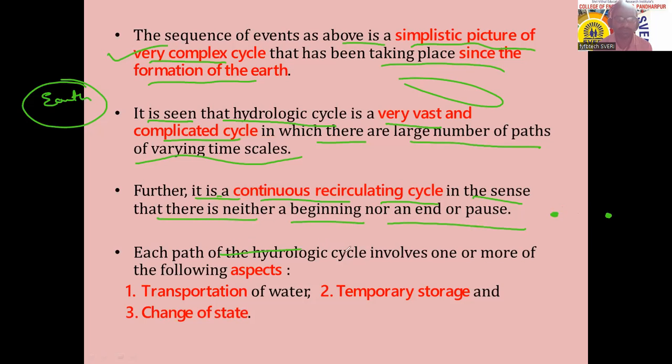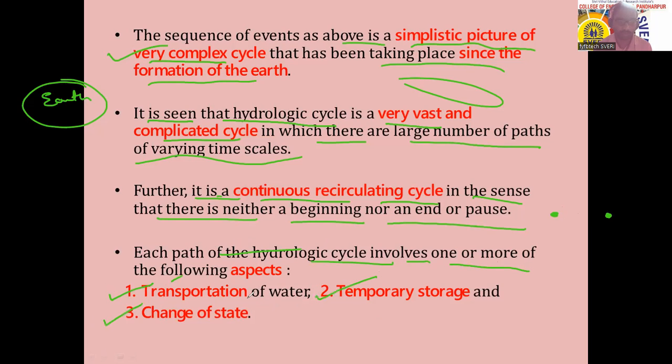Each part of the hydrological cycle involves one or more of the following aspects: transportation of the water, temporary storage, and change in the state. Water is not in only one state, it is going to change its states also.